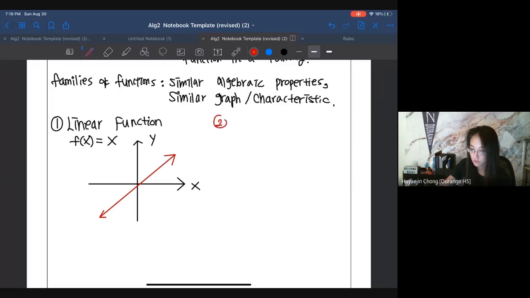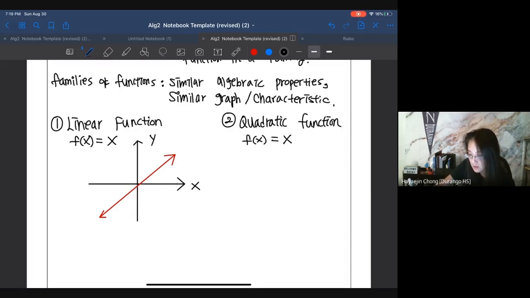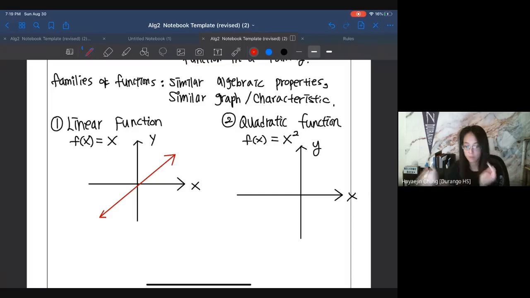Number 2, we have something called quadratic functions. Quadratic function is f of x equals x squared. So now you have an exponent or power. And when we graph this, we don't have a straight line anymore, but we have a U shape.